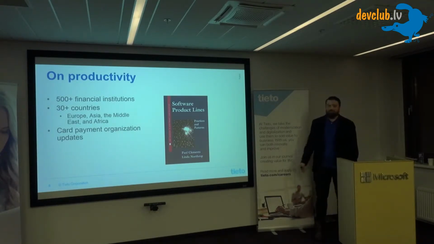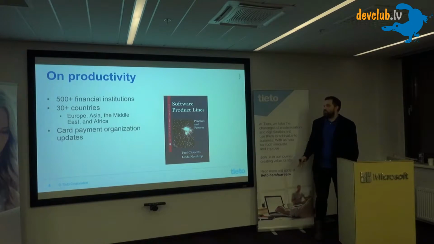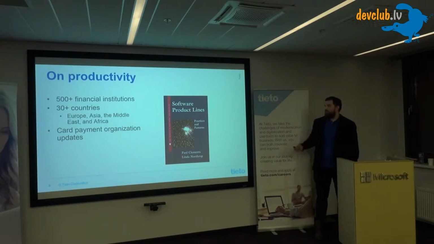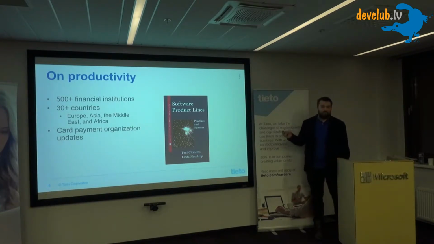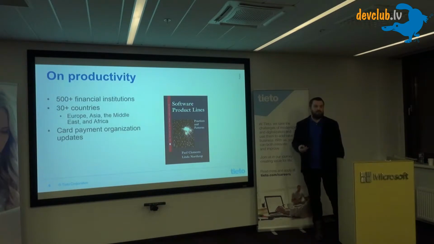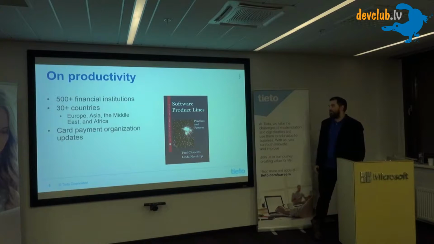Of course, every institution has its own rules about business logic, and there are different rules for when a transaction crosses different regions and so on. And even if those institutions don't ask for new changes, there are still changes from Visa and MasterCard at least twice a year that we still have to comply with and give new software to customers.